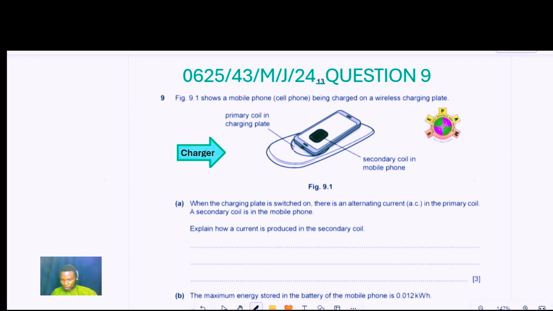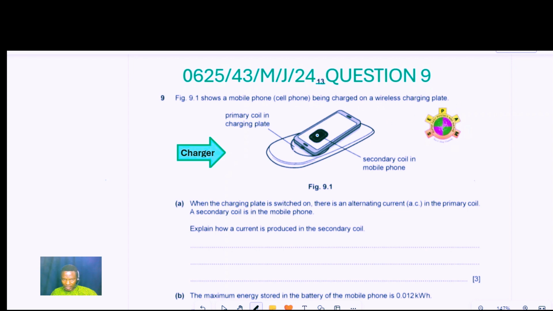This question is on magnetism, and it looks at the new technology of charging a phone without a cord by placing the phone on a flat charging plate. Figure 9.1 shows a mobile phone being charged with a wireless charging plate.